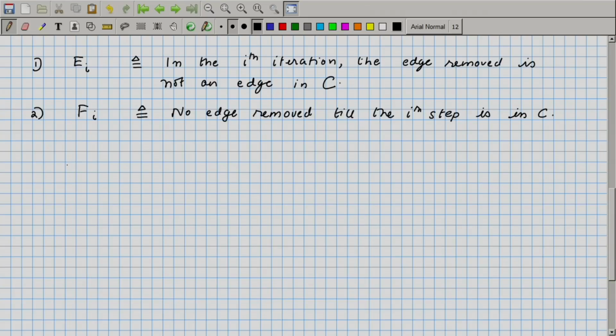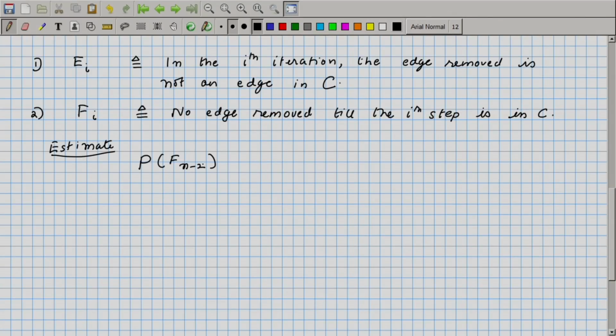What we are interested in estimating is the probability of F_{n-2}; that is, we had contracted n minus 2 edges. When we contract an edge, we have one less vertex. So, when we have performed n minus 2 operations, starting with a graph with n vertices, we end up with precisely 2 vertices.